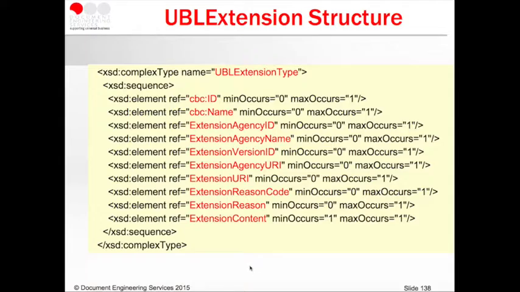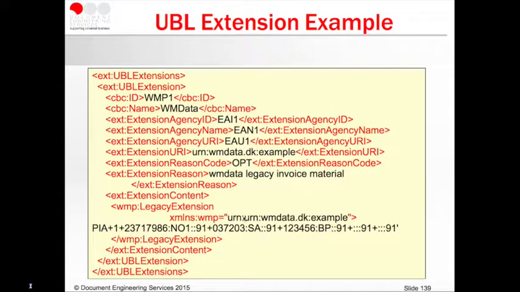If you've looked very closely, you'll see that the common basic component, ID and name, are the only two components here that come from the standard UBL library. Things like extension, agency, version, URI, reason code, and content are defined independently of the common library. So the UBL extension is independent of that.